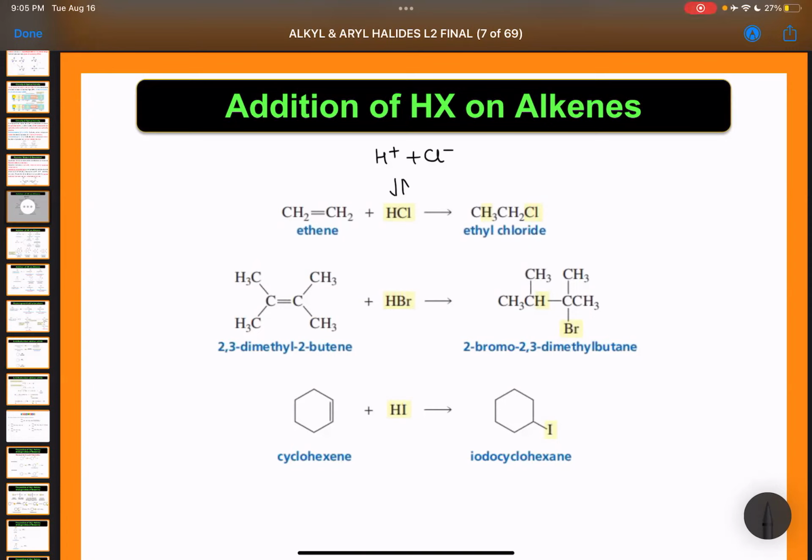It is the H plus. It is because alkene has pi electron density above and below the molecular plane.